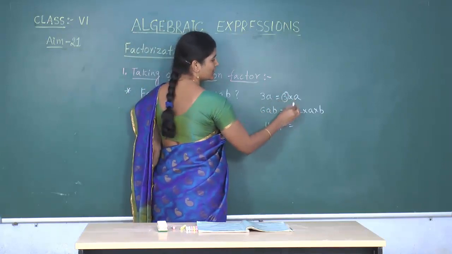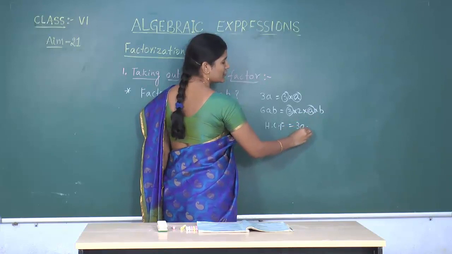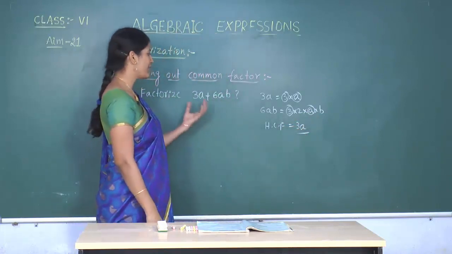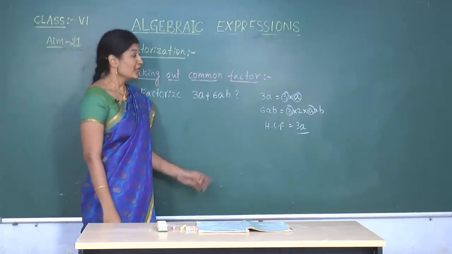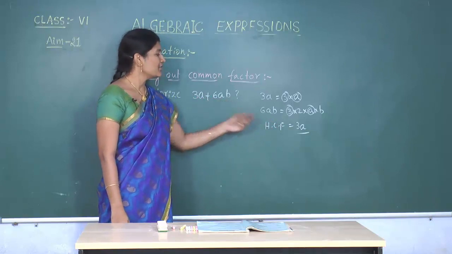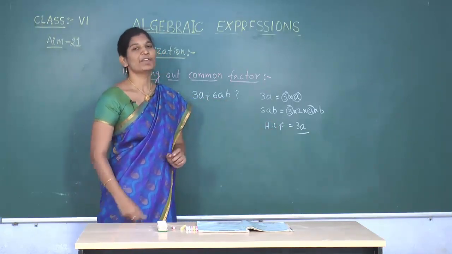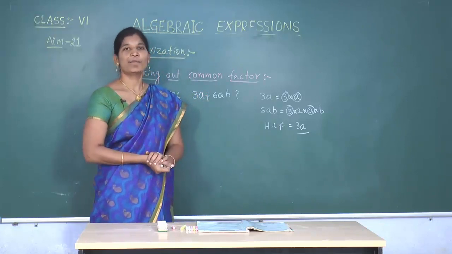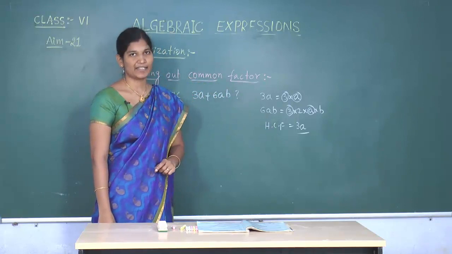Here 3 and a are the common factors, so 3a is the HCF of these two terms. The second step is to divide each term by this HCF. After that, the coefficients should be enclosed in brackets and the HCF should be written outside the bracket.